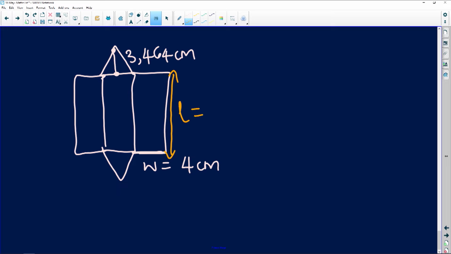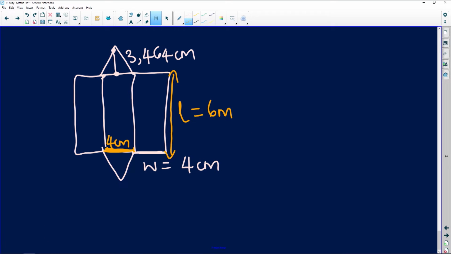This length over here is 6 centimeters, and then we've also been given the base of this triangle, and the base of this triangle is going to be 4 centimeters.